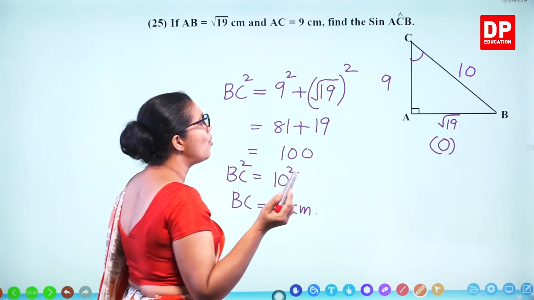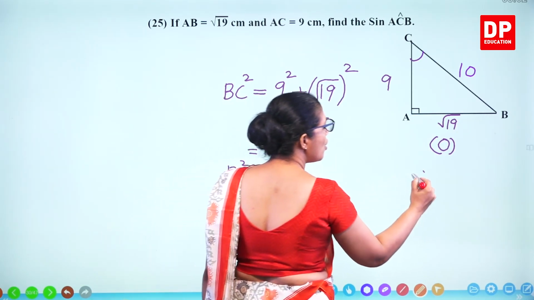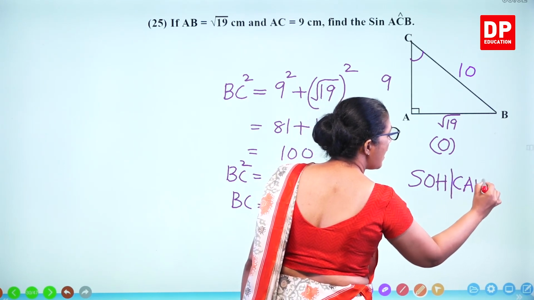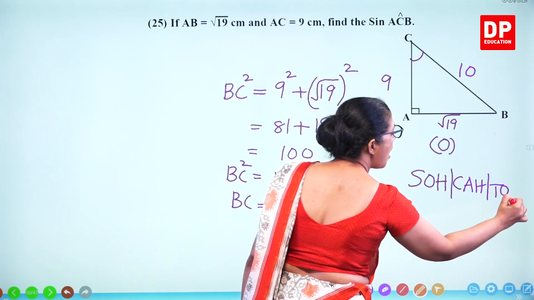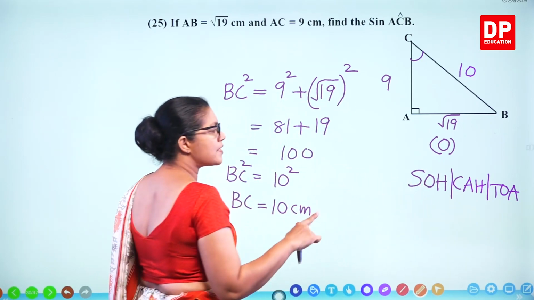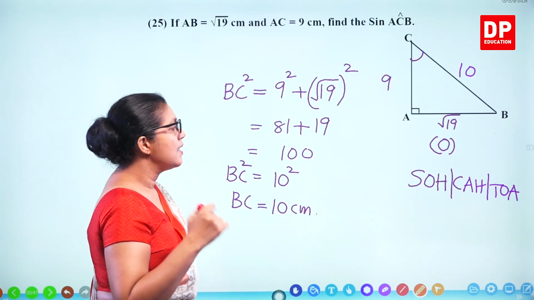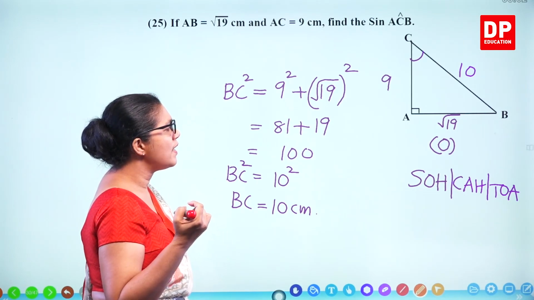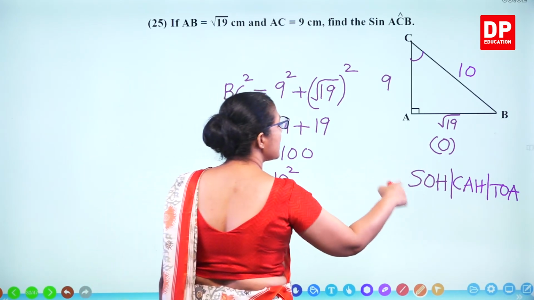Now you know what's the sine ratio? SOHCAHTOA. Sine, opposite over hypotenuse. Cos, adjacent over hypotenuse. And tan is opposite over adjacent. So you take sine.